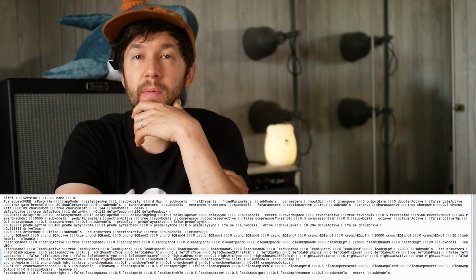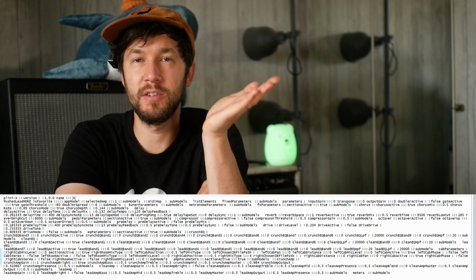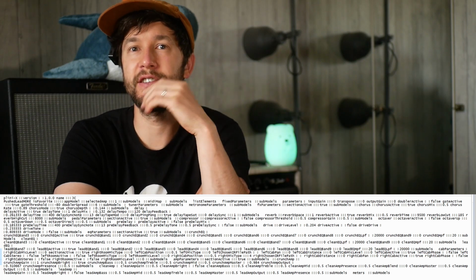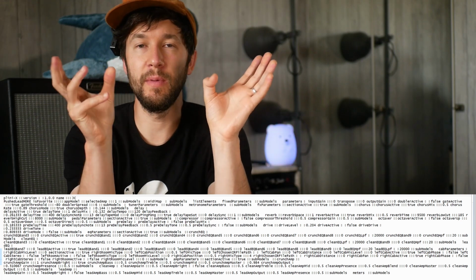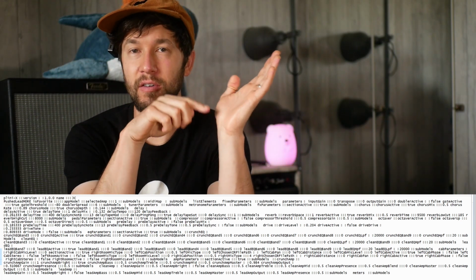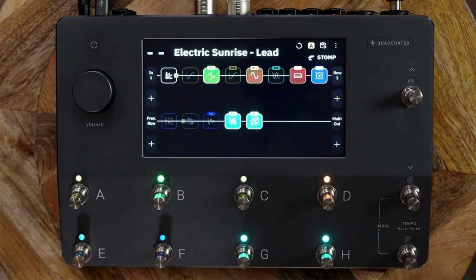And you can see it's probably not the most arduous job in the world to do preset translation, which would be what was needed. So now in your Quad Cortex, any of the blocks that are available within Plini X, if you own Plini X, are available there. And so, in theory, with this picture that David Beebe sent me, you'd assume, because they've used the same name, Electric Sunrise Lead, in Quad Cortex, that it was a preset translated over to Quad Cortex.